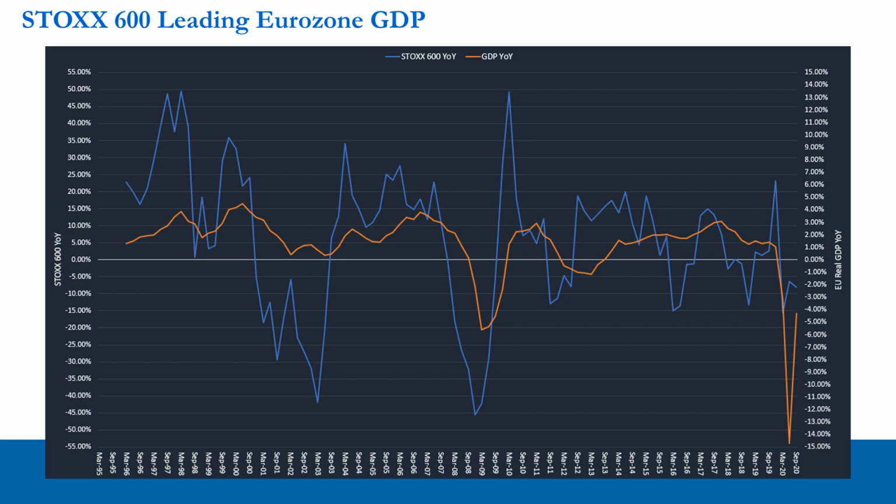So if you think of our majority of cases, which is the 1-1 scenario, where we have Euro Stoxx 600 positive for the quarter and Eurozone GDP positive for the quarter, you can see above the zero bound that for the majority of cases they are both moving in the same direction, and that is positive.